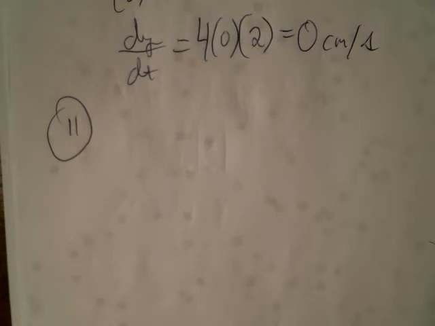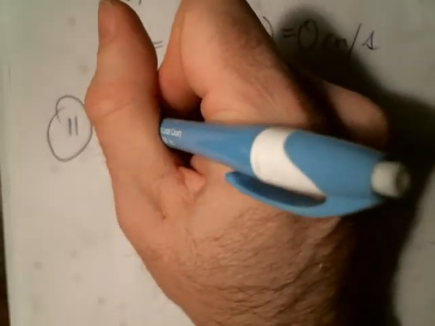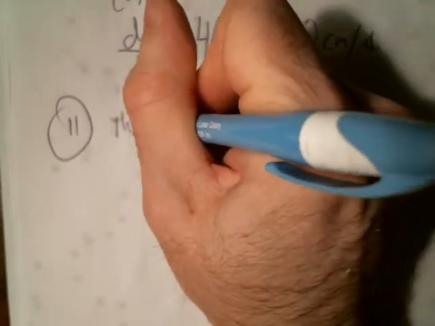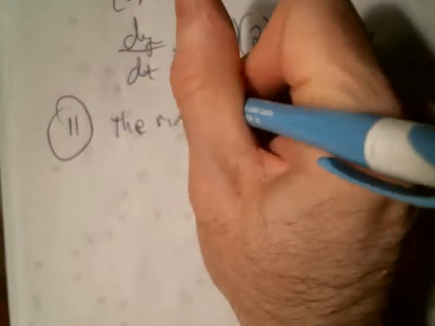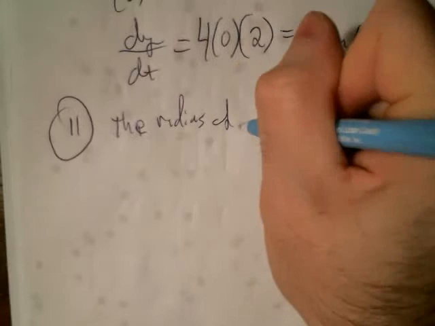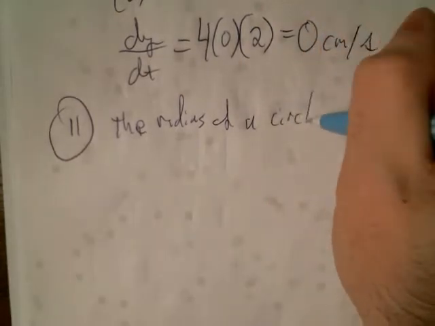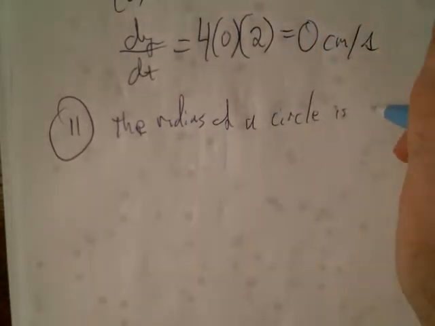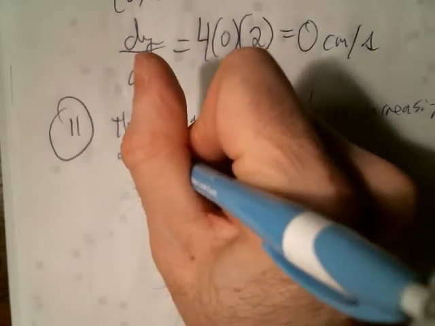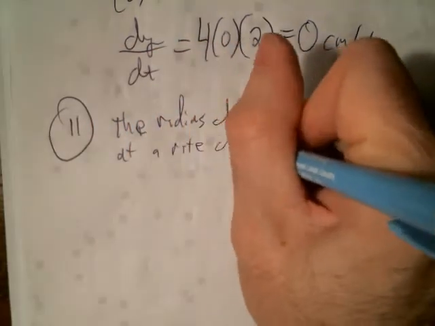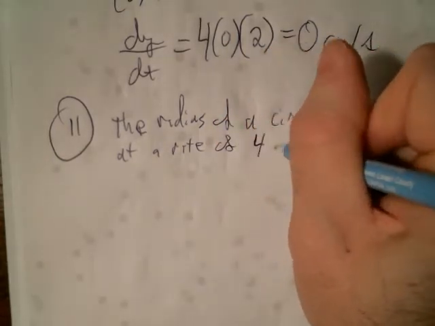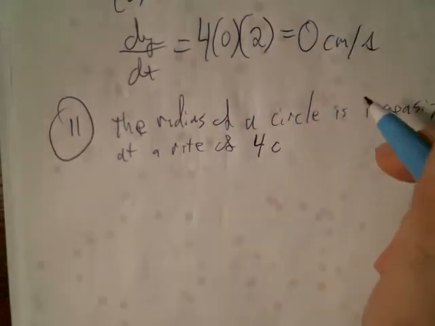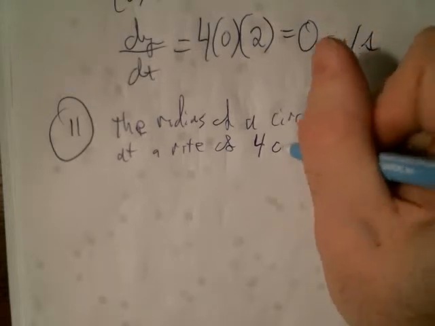Okay. So number 11, the radius of a circle is increasing at a rate of 4 centimeters per minute.